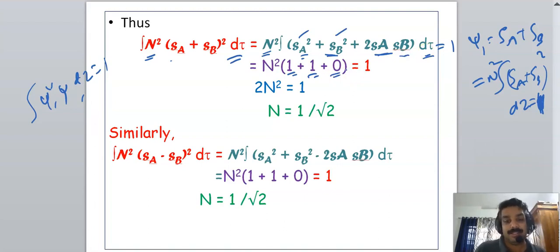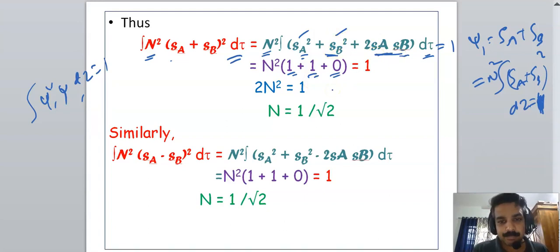Atomic orbitals are also orthogonal and normalized. So SA itself is normalized, therefore the integral of SA square is equal to 1. SB itself is normalized, therefore the integral of SB square is equal to 1. And SA and SB are orthogonal, therefore the integral of SA SB is equal to 0.